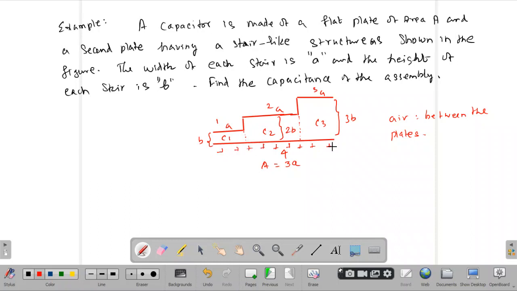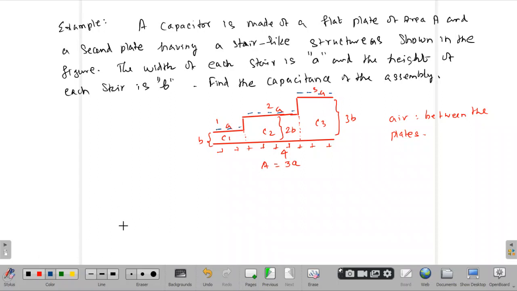The upper plate is connected to the negative terminal of the same battery. Here there are three capacitors. All three positive plates are connected together, and all three negative plates are connected together.